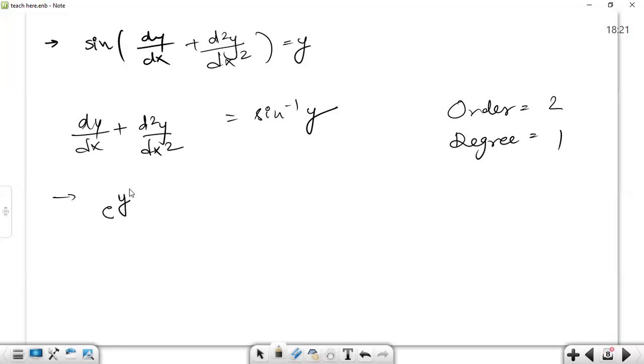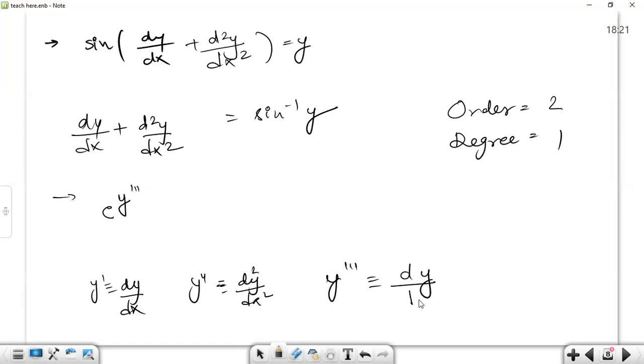Taking the next example, e raised to the power double derivative of y, sorry, triple derivative of y, which is represented like this. This means dy/dx, and this means d²y/dx², and the triple dash means y is getting differentiated 3 times.